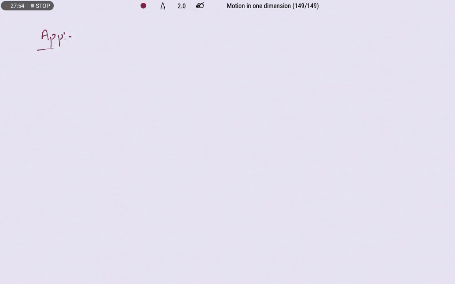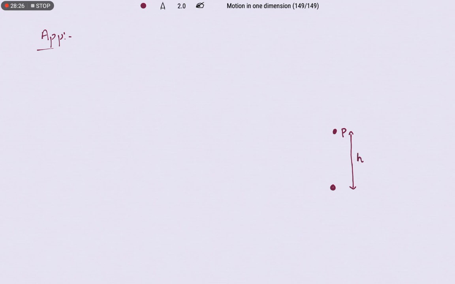Right, let us see, an object is thrown vertically upwards. So we know that when the object is thrown vertically upwards, it crosses the same point at two different instants of time. Suppose I am taking a point P which is above the surface of earth at height h.